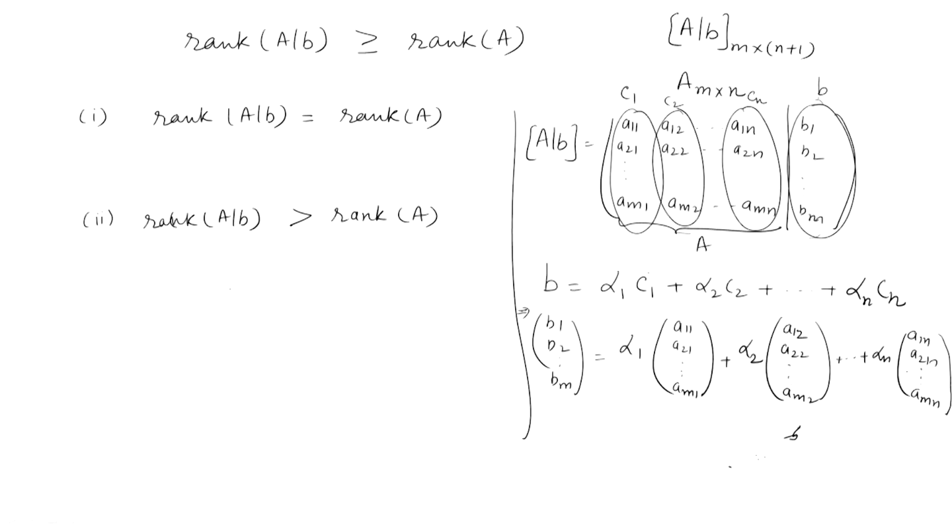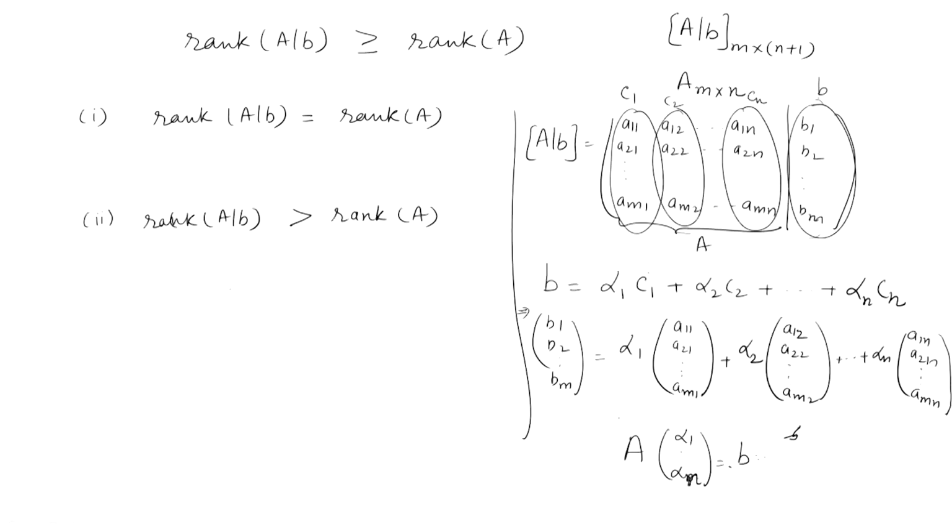It is simply A times the vector alpha 1 up to alpha n, and it is equal to vector B. That means in place of x1 we have alpha 1, in place of x2 we have alpha 2, in place of xn we have alpha n. That means we have shown the existence of a solution of this linear system of equations. Hence, we can say that a solution exists if the rank of the augmented matrix is the same as the rank of A.